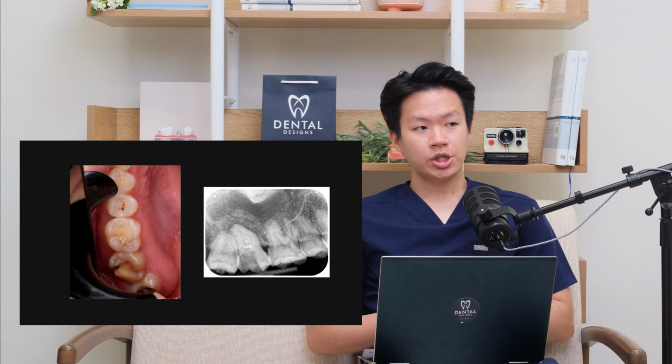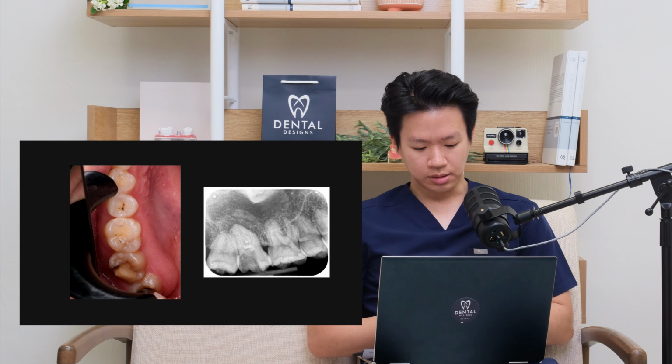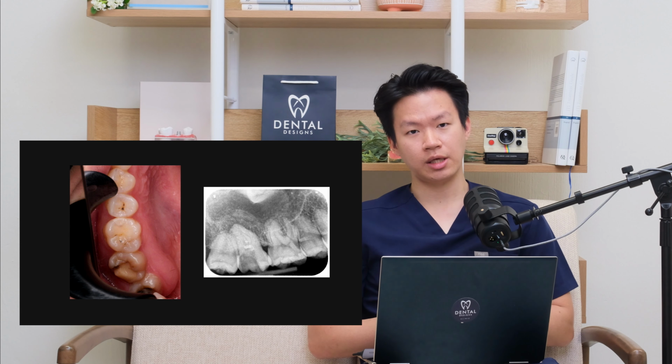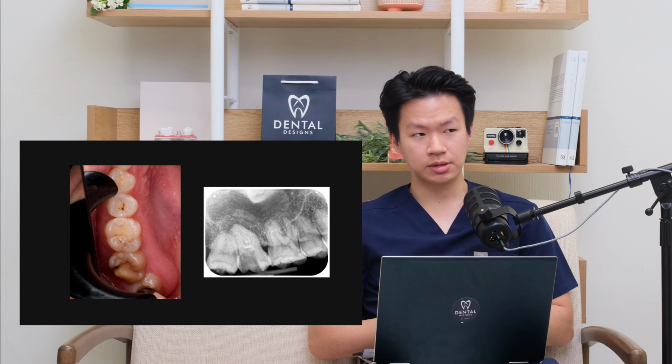Based on the checks, you can see that the upper right second molar has a very big filling that appears to have decay based on visual inspection.